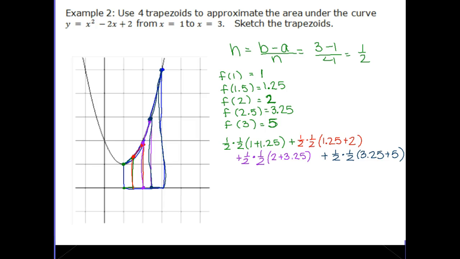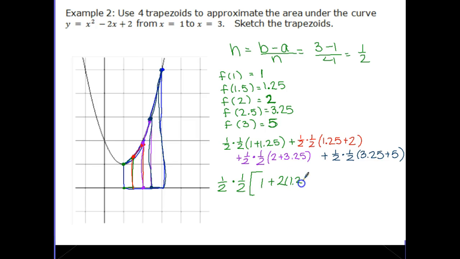So really what we could do is rewrite this by pulling out the half for the height, pulling out the half of the formula, and then saying, okay, it's the first height, which is 1, and all the inside is doubled.